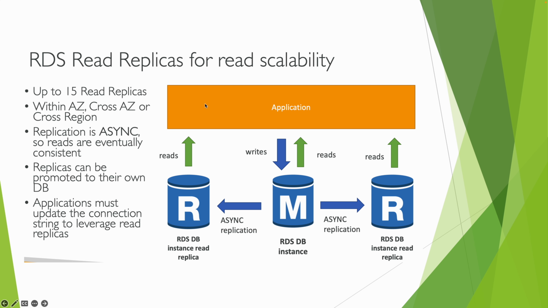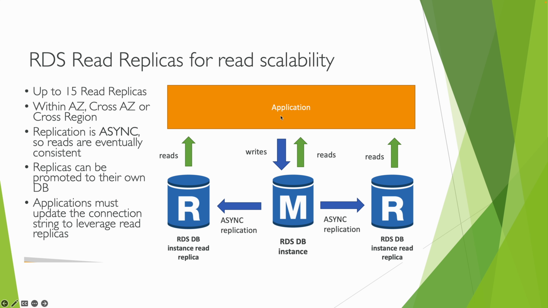So your application reads will go to these three instances now. We can get better performance because we have three database servers and we can get the data from all three. But writes will happen only to this master instance. Between the master and the read replicas, there will be an asynchronous replication.